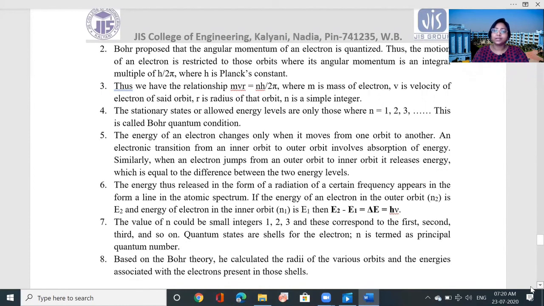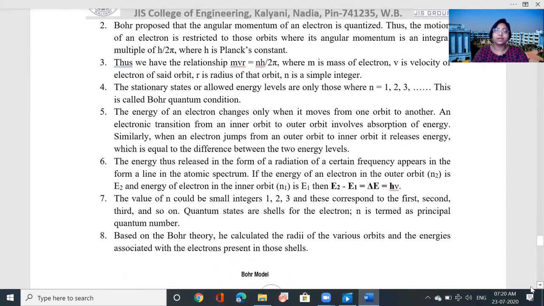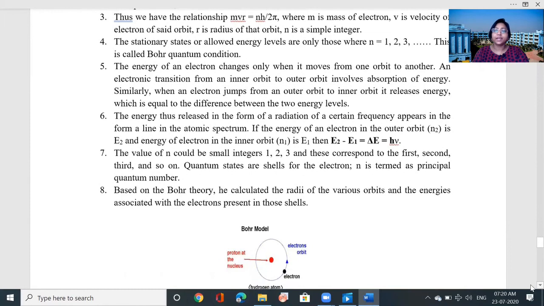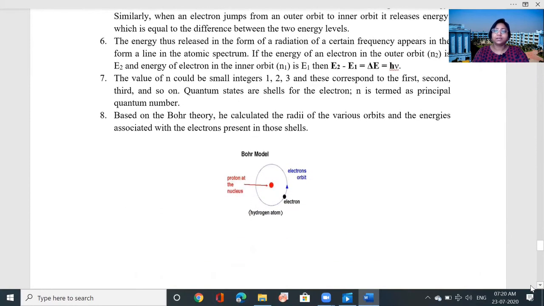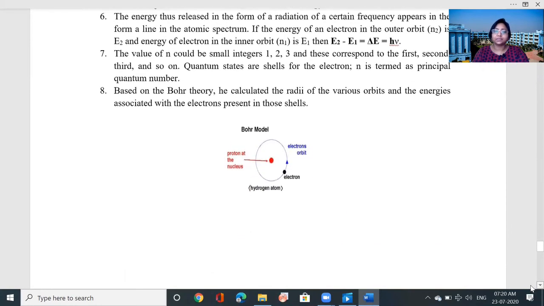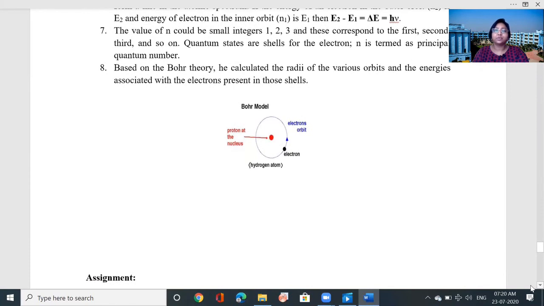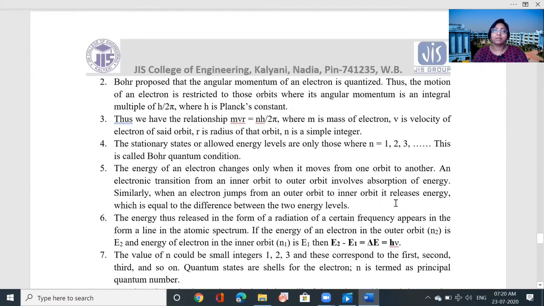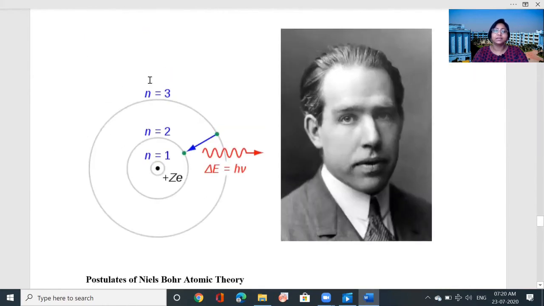So you understood how gradually we are getting the ultimate electron atomic structure. This is the Bohr model, the proton at the nucleus and the electron orbit, as per the Niels Bohr model.